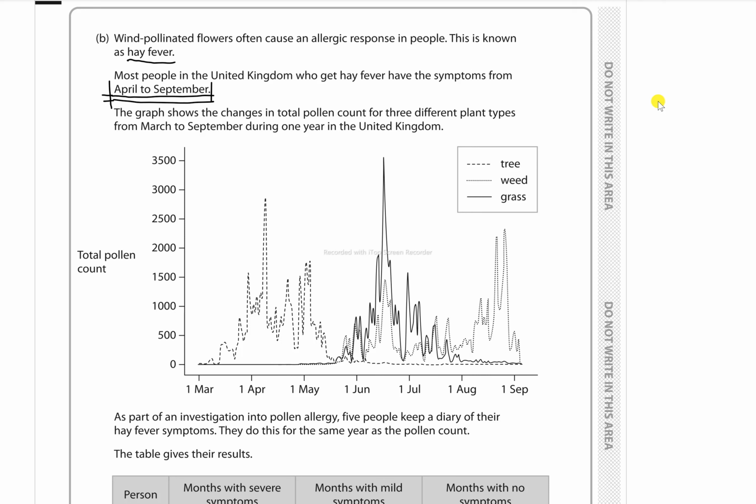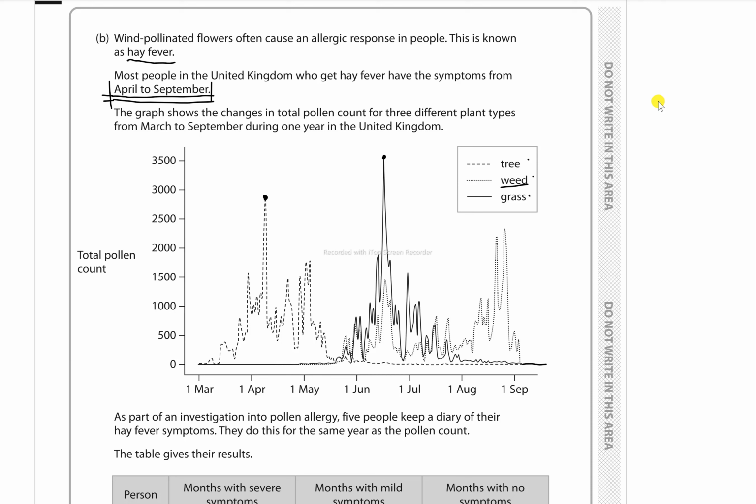The graph shows the changes in total pollen count for 3 different plant types: tree, weed, grass. Okay, June, July, grass has got loads of pollen. Trees have it in April, and weed, it never gets to the pollen stage because it's always cut and disposed of, isn't it?